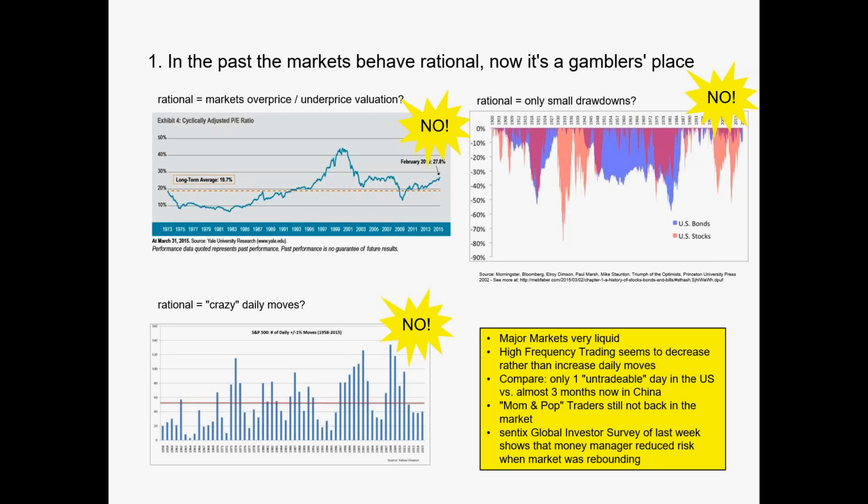And also a lot of managers preferred to sell with a loss than to stay heavily invested. So I would definitely not agree that the rationality of the market has changed.